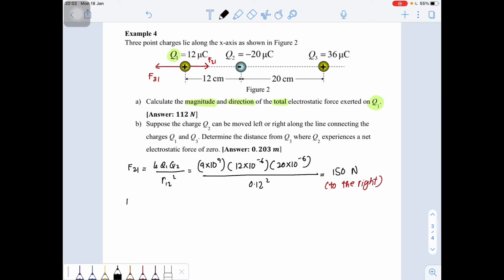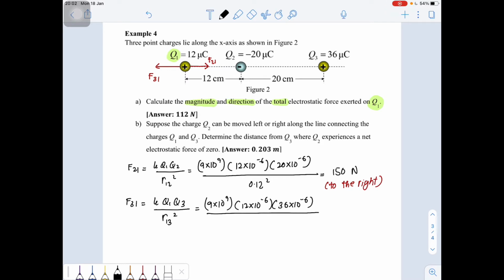Next one is F31, still using Coulomb's law: K Q1 Q3 divided by the distance r13 square. Again, K is constant, Q1 is 12 exponent negative 6, Q3 is 36 exponent negative 6, divided by the distance between Q1 and Q3.